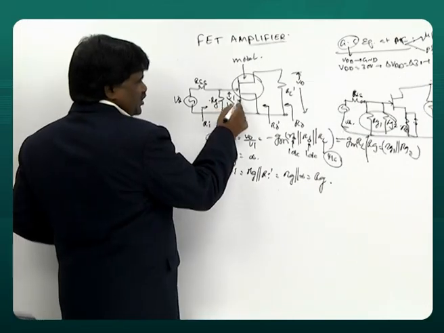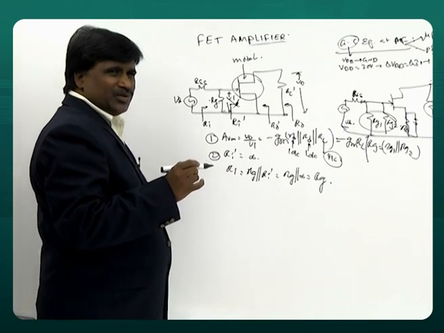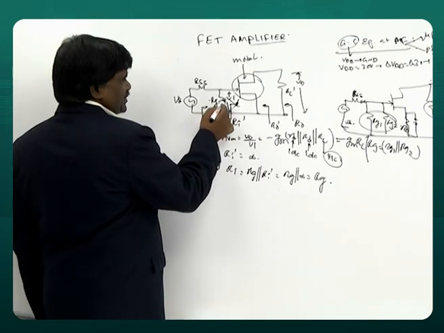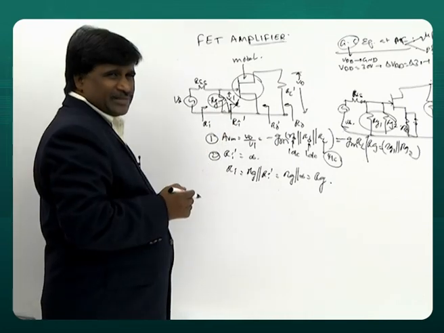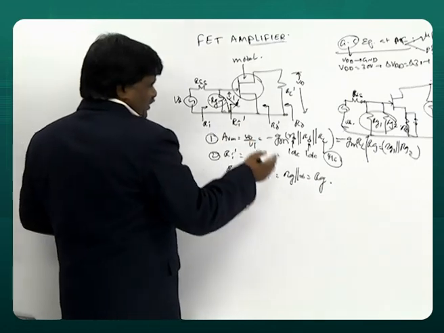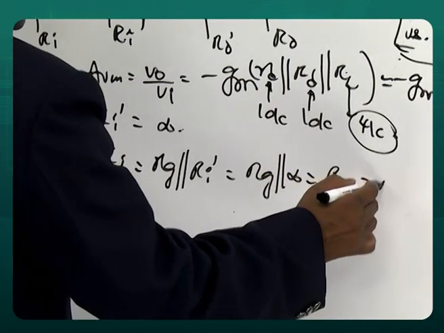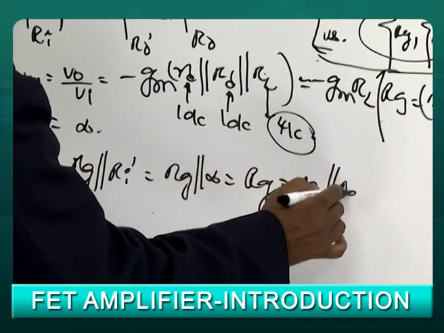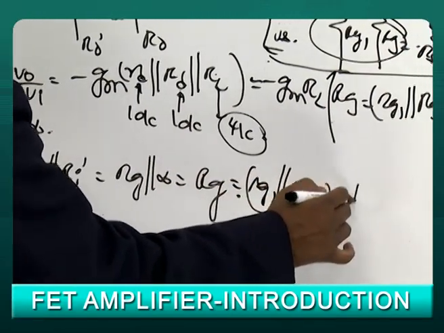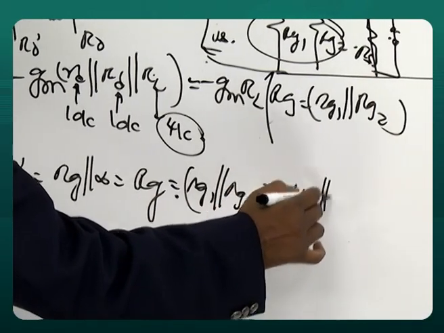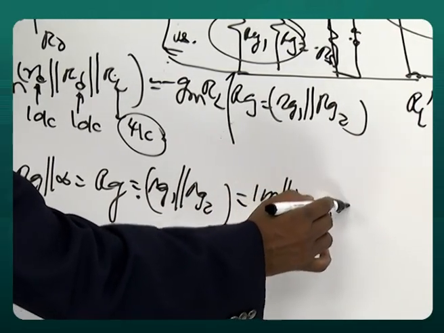So you don't need to waste your time again and again to really do that. You can just say this itself is the input impedance. And according to us, it is so high. This is nothing but RG1 parallel RG2. 1 mega parallel 1 mega is how much? 500 kilo.